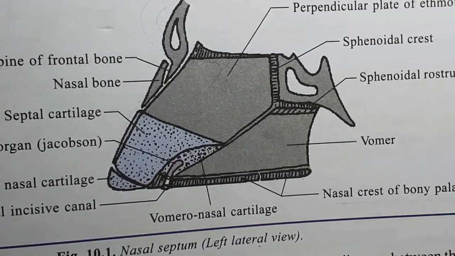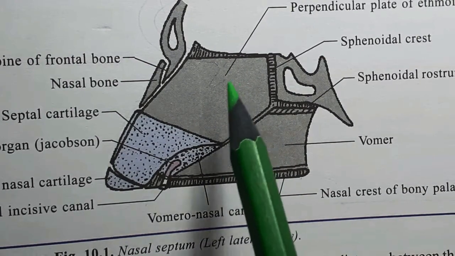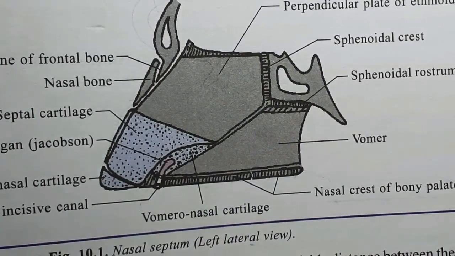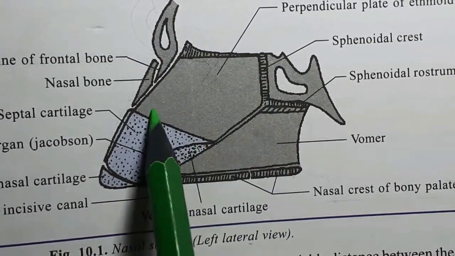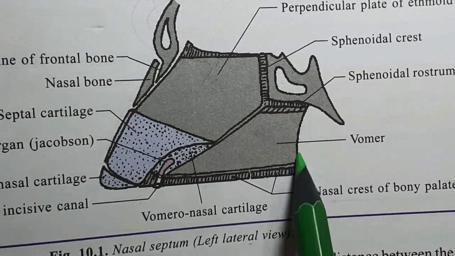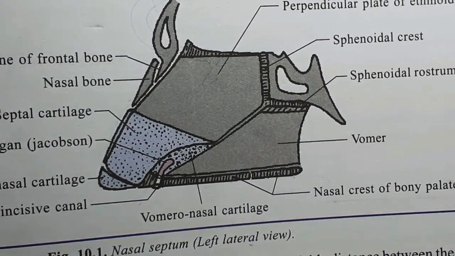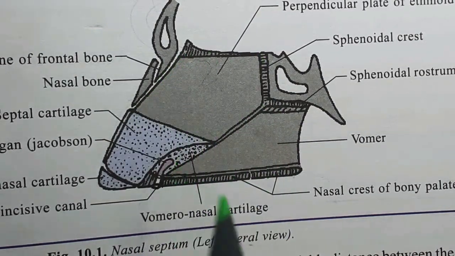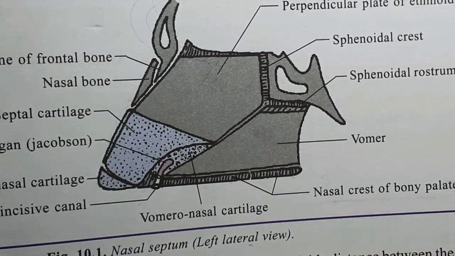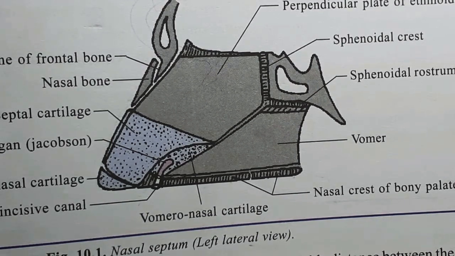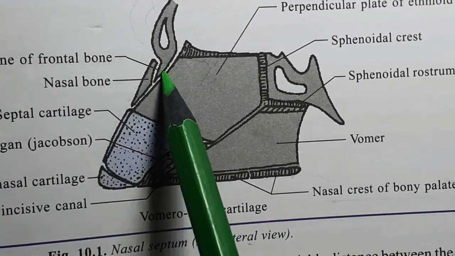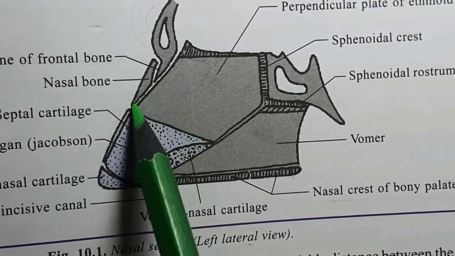Firstly we will discuss the bones. You can see this is the perpendicular plate of the ethmoid, and the vomer bone. This is the part of the vomer. These form the principal part of the septum, and they are mainly responsible for making the nasal septum. There are a few accessory bones like the nasal spine of the frontal bone, this one, and the nasal bone.